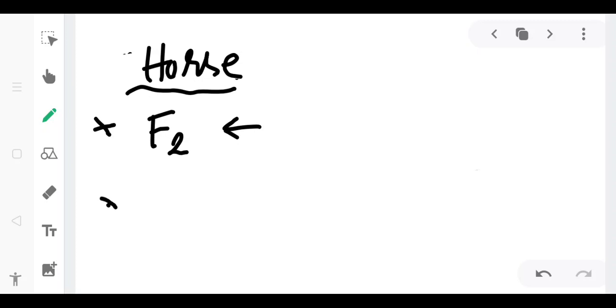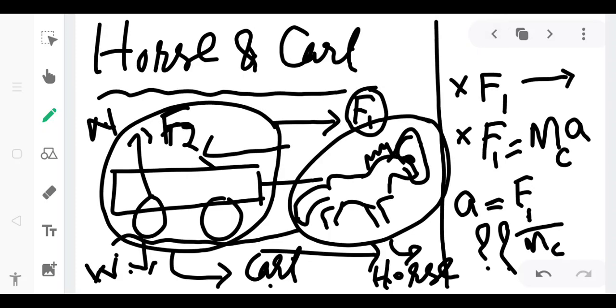And one more thing, there will be the weight of the horse acting vertically downward and the normal reaction acting vertically upward. Both are oppositely directed and equal in magnitude, so these two will be cancelled out. Net force along the vertical direction becomes 0. That's why there won't be any motion of the horse either up or down.